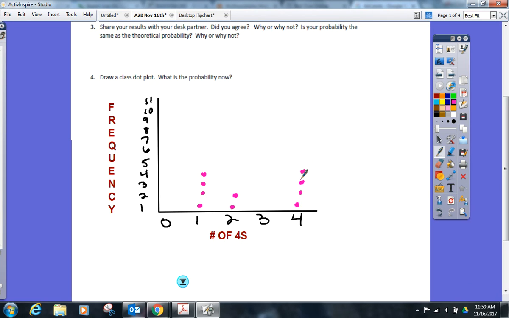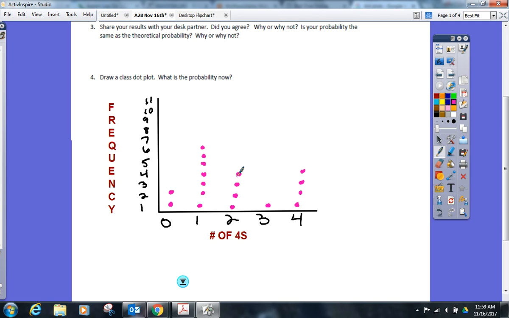Annika, 2. You guys had 0s? 2 0s? Right up there. Greg, 3. Emily, 1. Anna, 1. Brianne, 2.